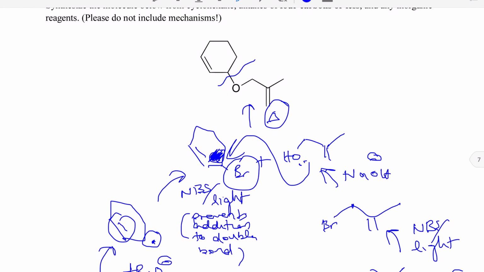So this easily allows for resonance stabilization. So that's why we would get a bromine specifically one carbon away from the double bonded carbon if we used NBS with light. And we would not have the issue of addition reactions with the double bond.